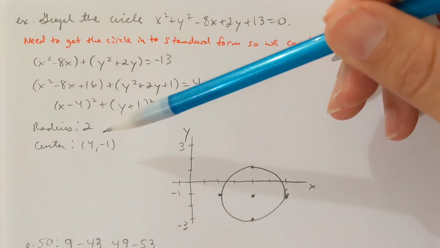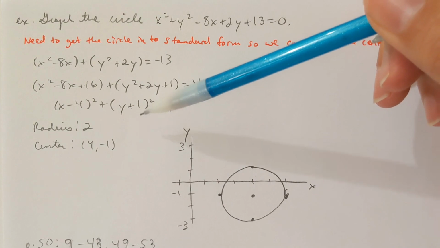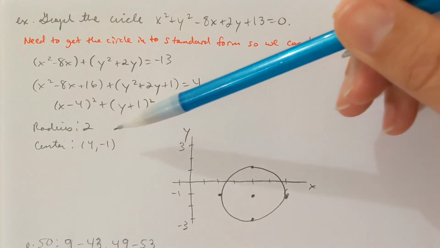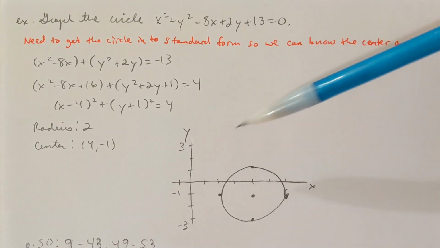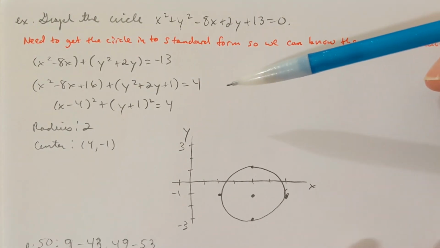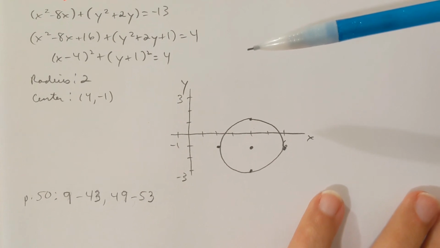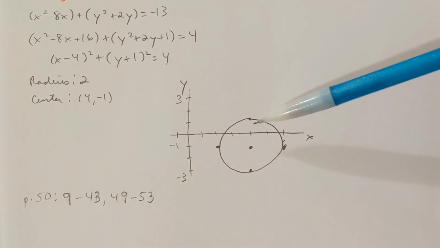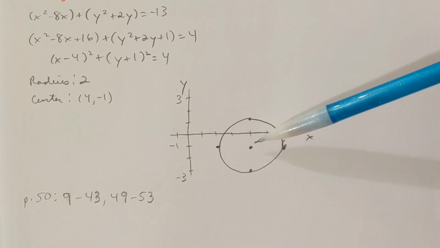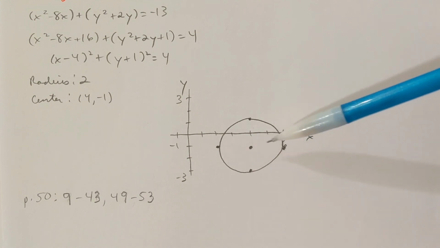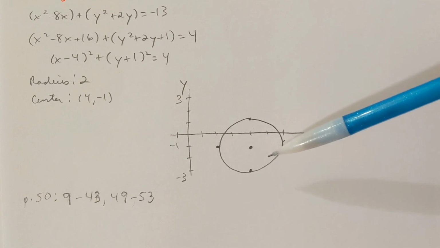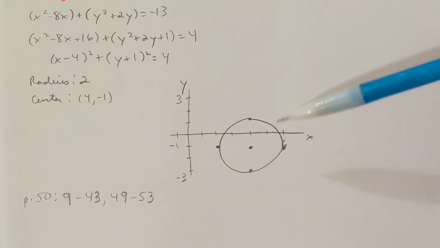So it looks like h is 4 and k is negative 1. r is 2. 2 squared is 4. So having identified the center and the radius, I can graph the circle now. The center is located at 4 and negative 1, right here. And then using the radius of 2, I can build 4 points around the center and draw in the circle.